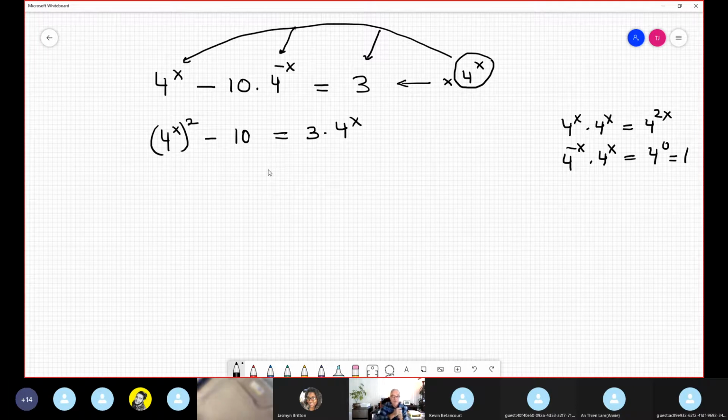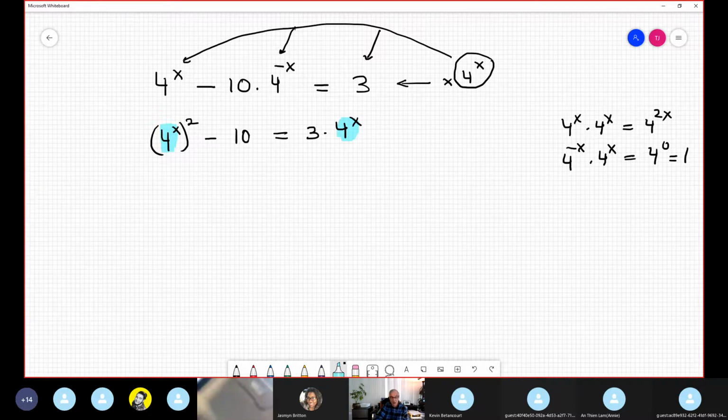Fantastic. At least I eliminated the negative exponent. So this equation is similar to the idea that we discussed in chapter 1, in which you have one expression, this one, and the same expression here, but the first one is raised to the second power and the next is to the 1 power.